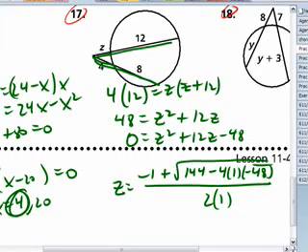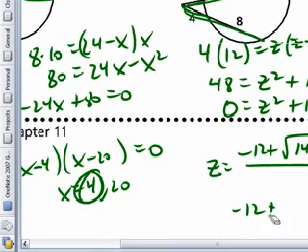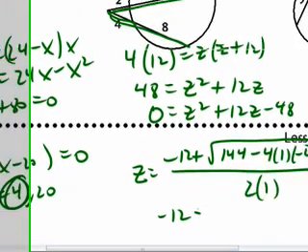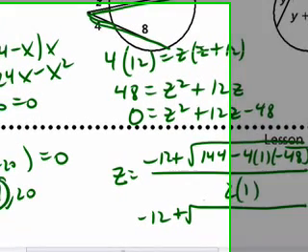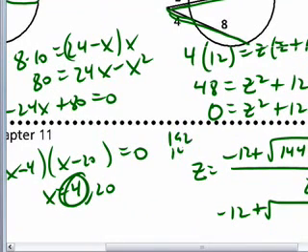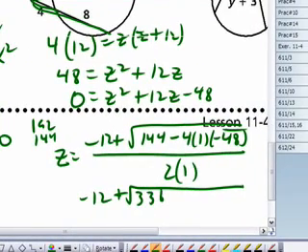So negative 12 plus the square root of 144 plus 4 times 48, which is 192, so this ends up being 336 all over 2. Now, you're going to need a calculator at some point, so this is probably when you'd want to pull that out.